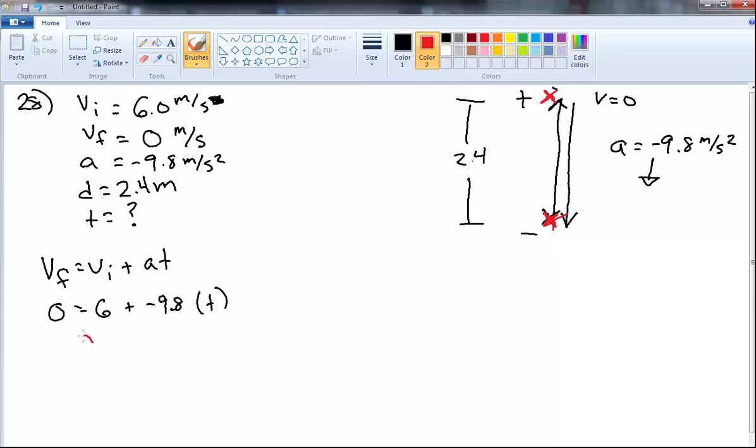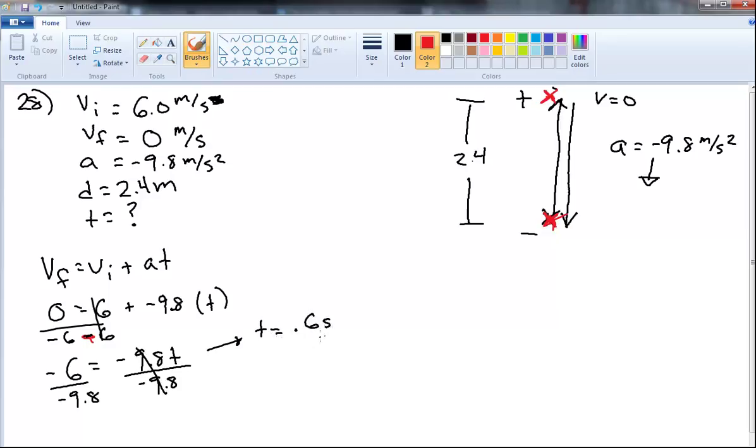Okay, let's subtract 6 on both sides. It cancels on the right hand side. I'm going to get negative 6 on the left hand side is equal to negative 9.8 T. Then I can divide each side by negative 9.8. It'll cancel my right hand side, and I'll be left with T is equal to 0.6 seconds.